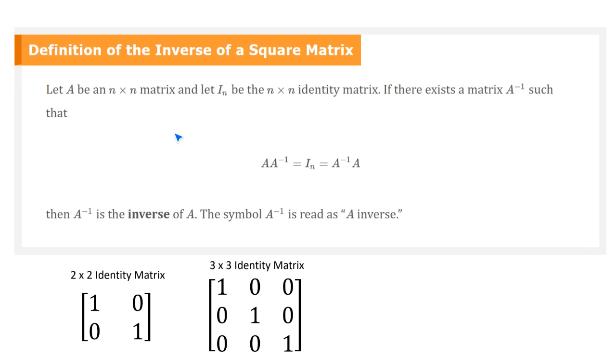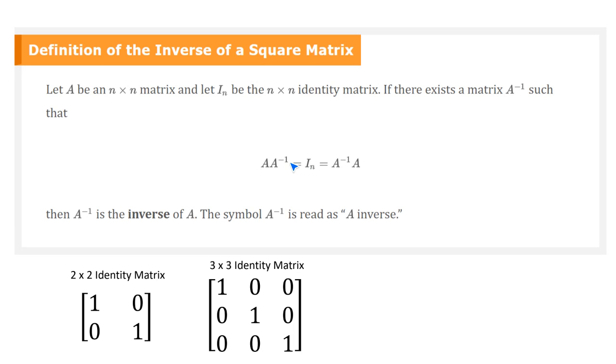In order for a matrix to have an inverse, if you take that matrix and multiply it times its inverse, it's always going to give you back this identity here, or it could be this one, or another, bigger identity matrix. The important thing is if you multiply A times A inverse, and it gives you the identity matrix, then that's one way to determine if they are inverses of each other.